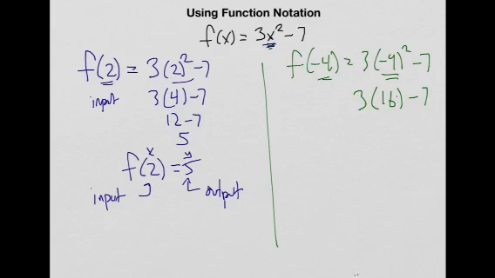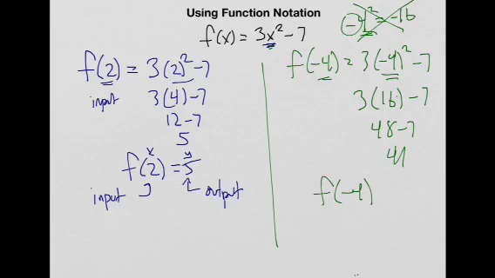If you type negative 4 squared without the parentheses, you get a negative value, negative 16. That's not what we want. We're squaring the negative 4. This is saying square it first, then make it negative. So 3 times 16 is 48, minus 7 is 41. So f of negative 4 equals 41.